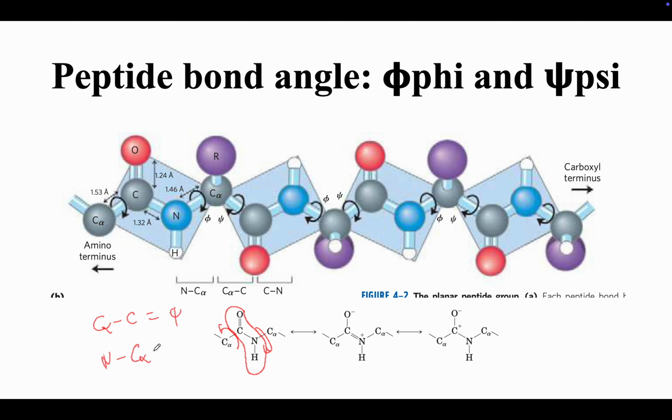Trypsin is a very special enzyme, and it will cleave after lysine and arginine. After every lysine and arginine residue, it will cleave.